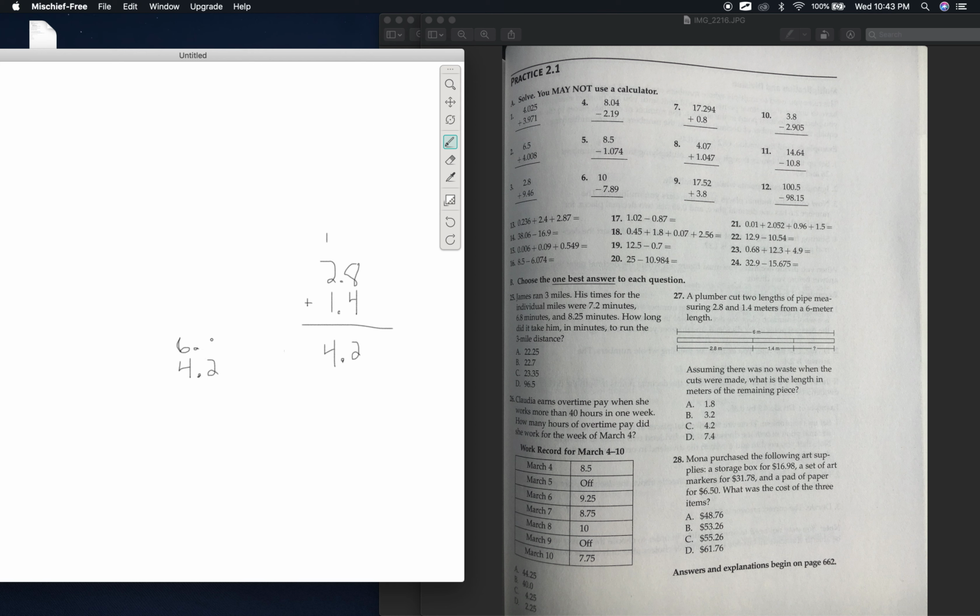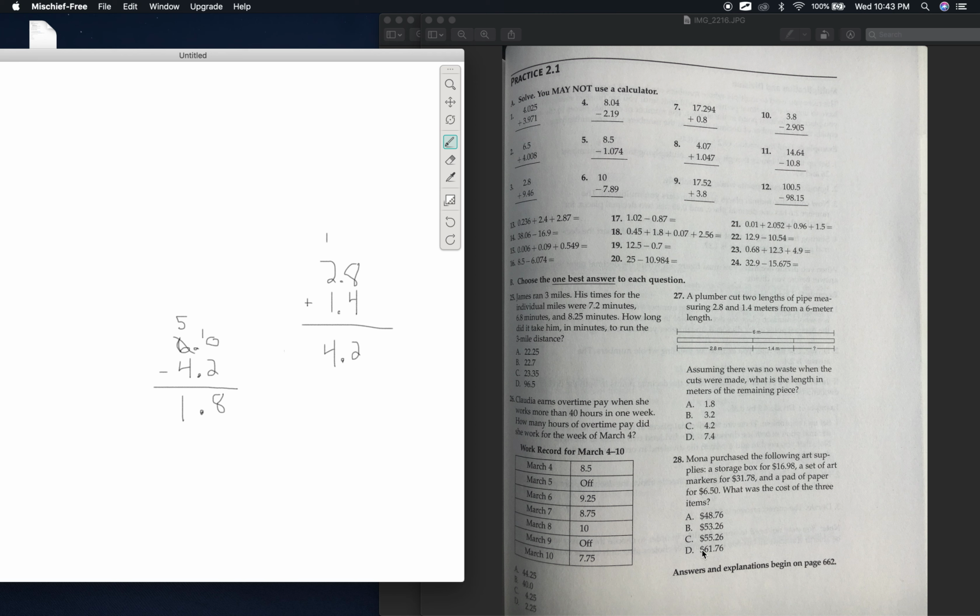With addition, it's not necessary. Because you encounter stuff like this, you need to take 2 away from something. So borrow from there, make it a 5, make this a 10. 10 minus 2 is 8. Feeling great. 5 minus 4 is 1. So that is your answer, 1.8.